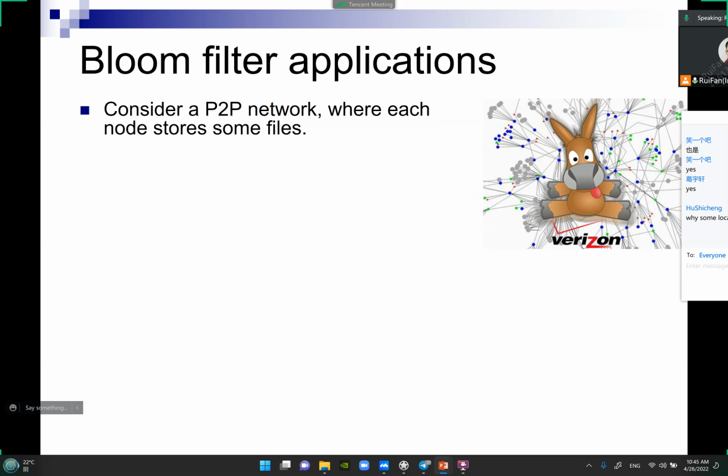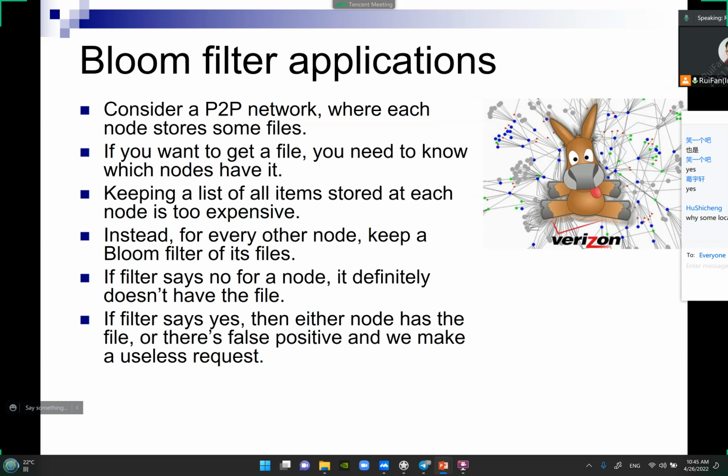This is another application, but it's kind of similar. I'm not going to go through this too much; you can read it on your own. Basically, if you're doing some sort of peer-to-peer file sharing network, you can use the same idea: instead of querying another node in the network, which is quite expensive, you can use a Bloom filter to keep track of which nodes have which items, and start by querying the Bloom filter.